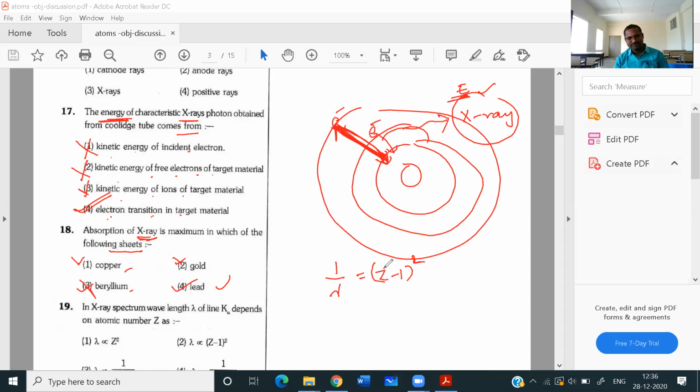If this Z value is more, wavelength will be less. Clear? So they can penetrate maximum through lead, we can say.